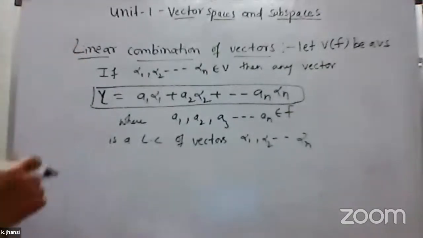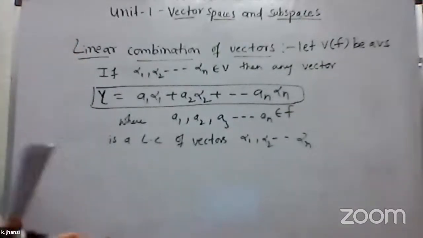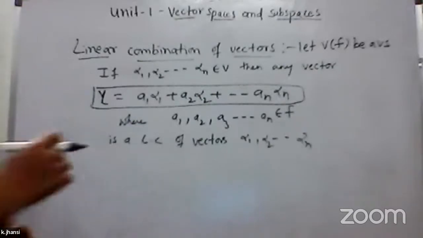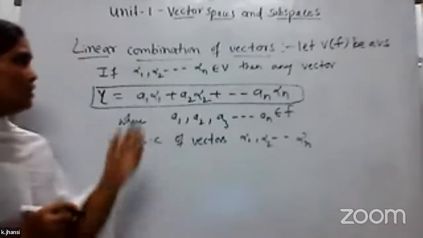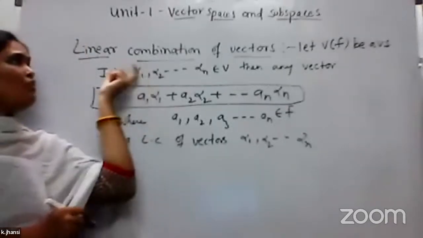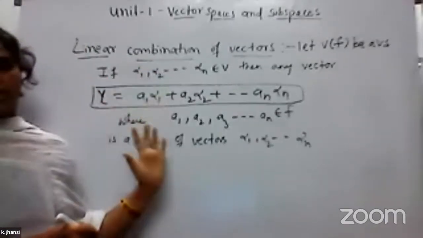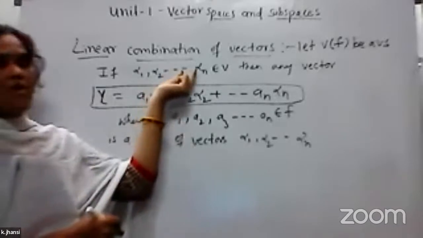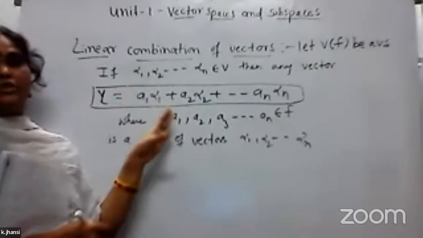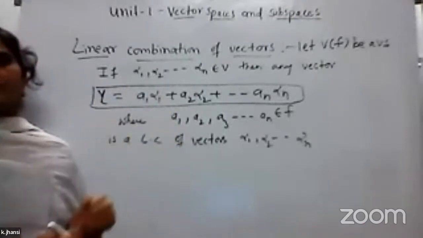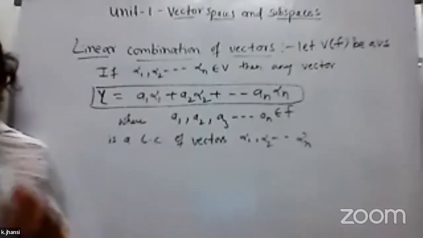On this you will also have problems in the practical lab classes, where you will learn how to find the linear combination of vectors. Any alpha value will be given, and you have to write that alpha value as a linear combination of vectors.